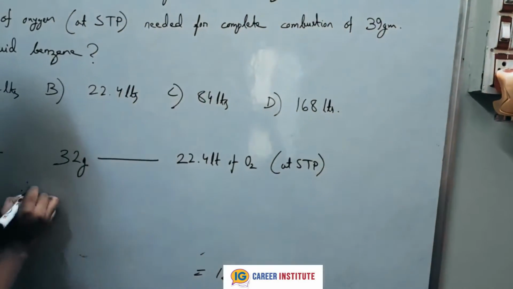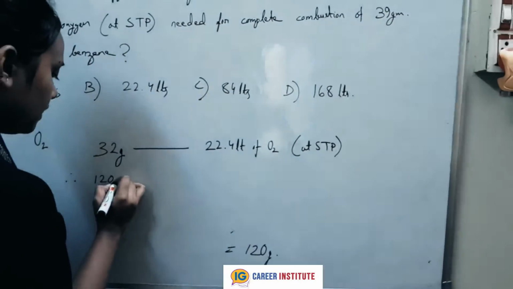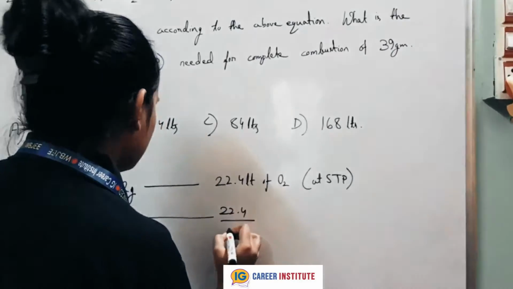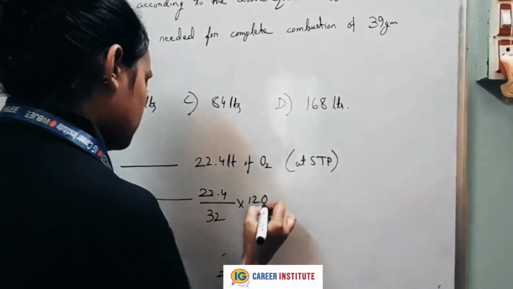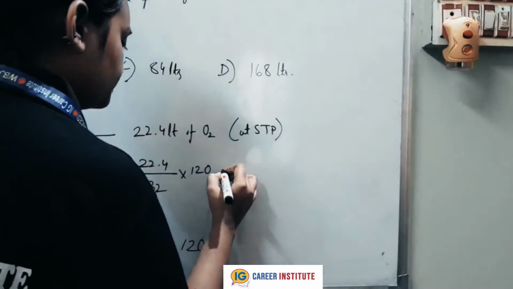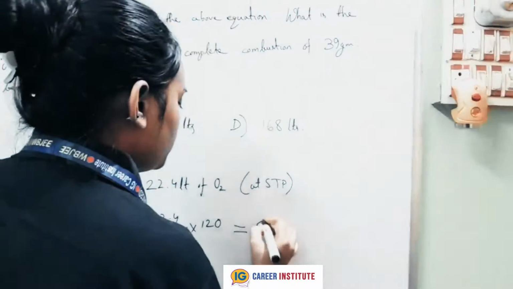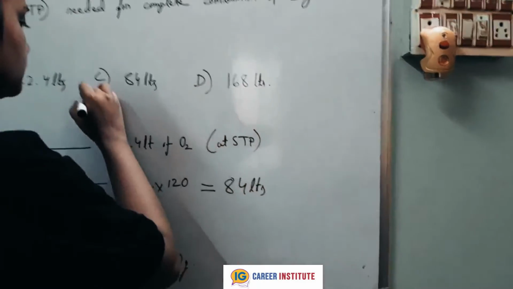So therefore 120 gram that we calculated in our last step will correspond to how much volume? 22.4 divided by 32 into 120. If I calculate it entirely, it will come out as 84 liters, which is our option C. So C is the correct option.